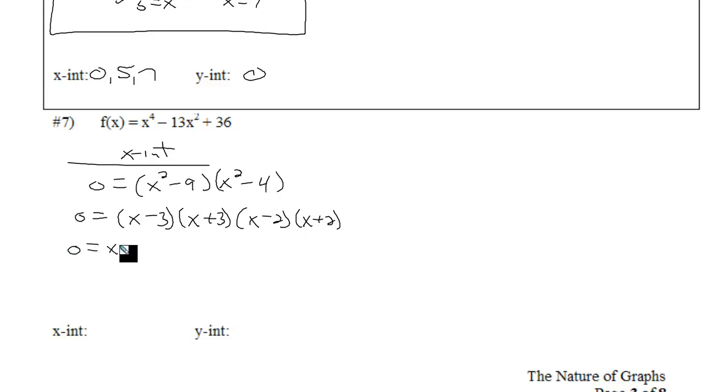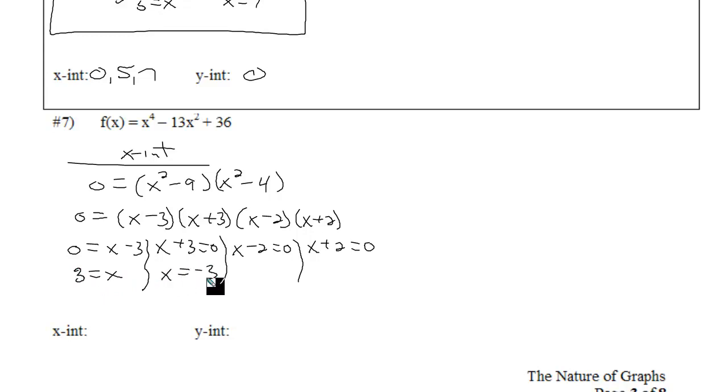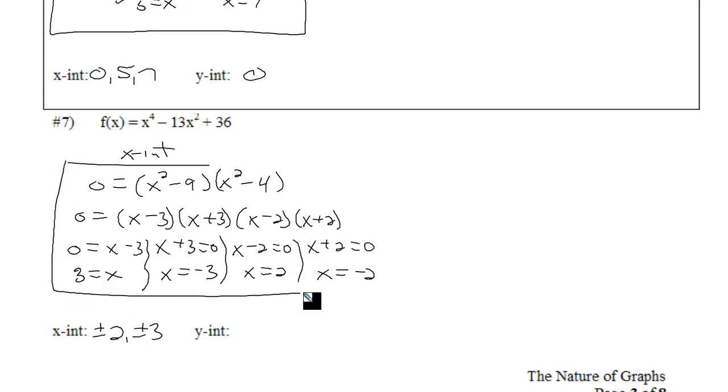Take each factor, set them equal to 0, these mini equations. Solve each of those and you get x is 3, x is negative 3, x is 2, and x is negative 2. So x-intercepts, we could simply say plus or minus 2, plus or minus 3.